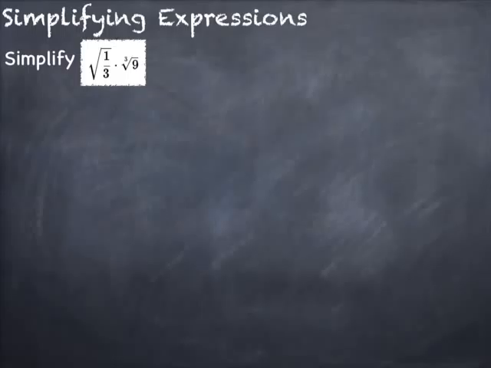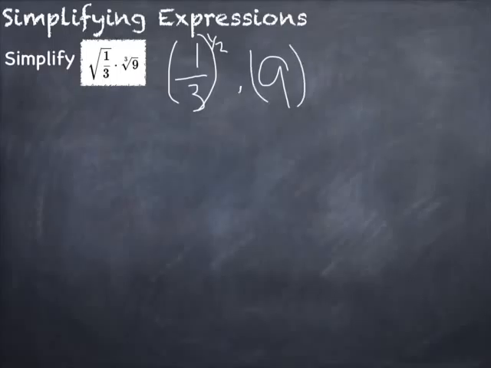Something like this works the same way. We need to get the same base, but it's 1/3 to the 1/2 power times 9 to the 1/3 power. Since we've got 1/3, we can make the 1/2 negative and make it 3 to the negative 1/2. And for the 9, again, 9 is 3 squared, so we can make it 3 to the 2/3.